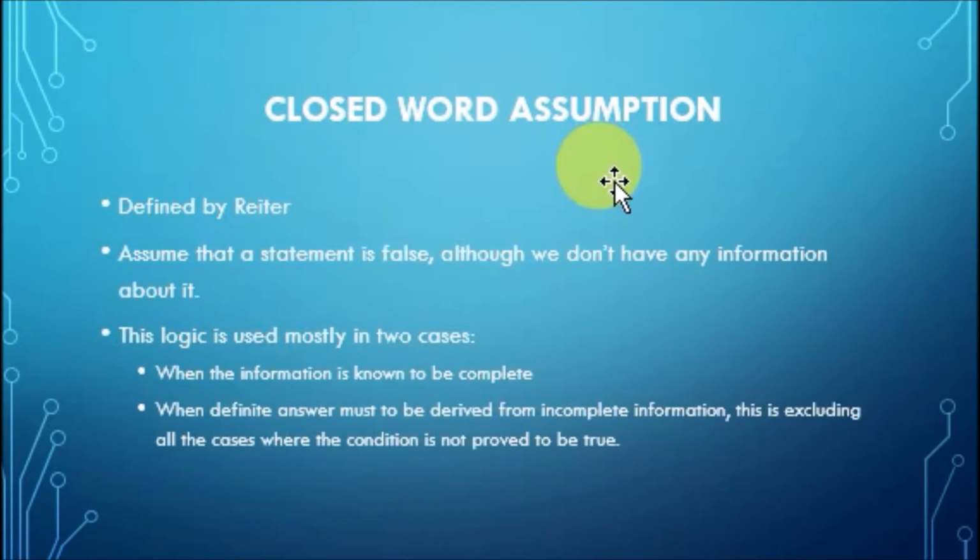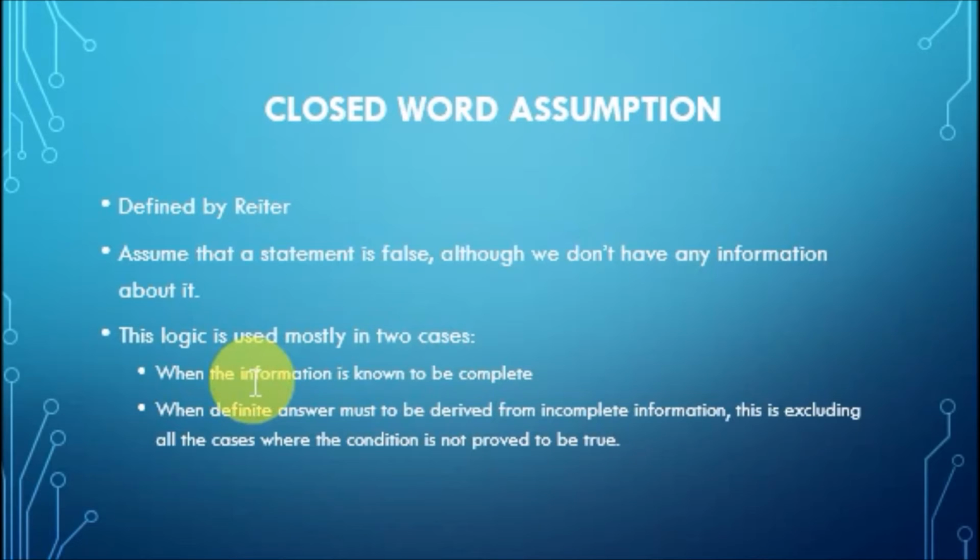Another example of a non-monotonic logic would be the closed world assumption. It was defined by Reiter. Basically, this logic assumes that if we don't have any information about a certain thing that we want to know is true, we can say that it is false.